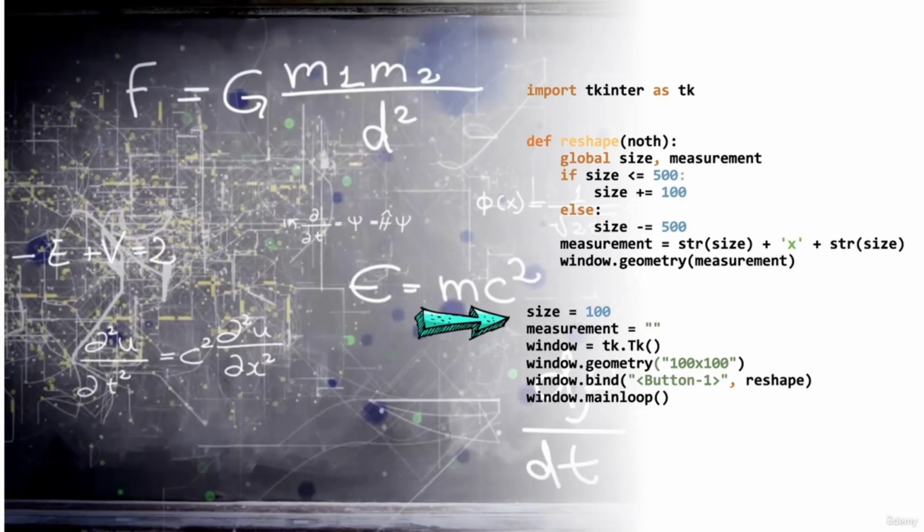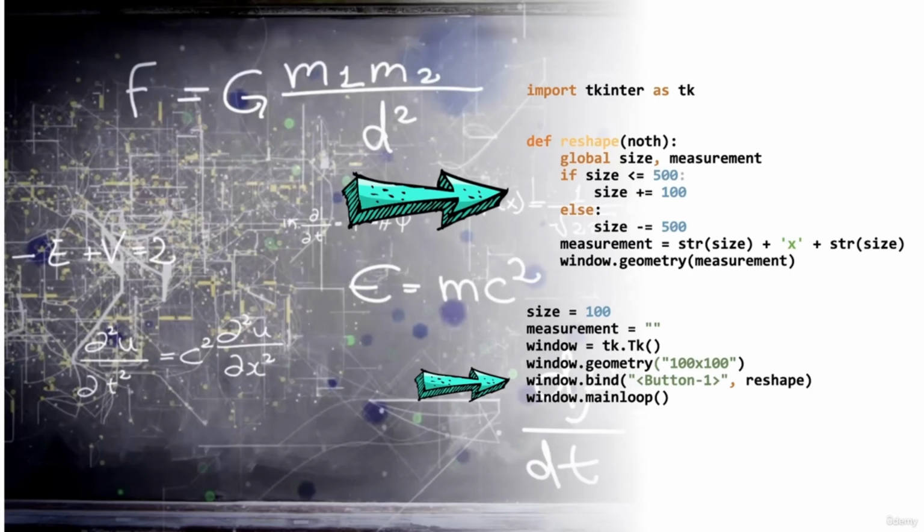So we have two variables, one consisting of an integer value, while another stores an empty string. The window will be created, and next, the geometry method will be used to set the size. Next, the bind method will be used as our window widget will be bound to our callback.